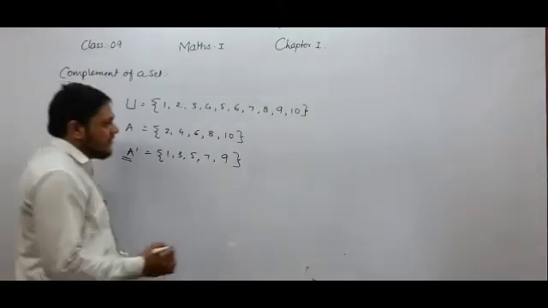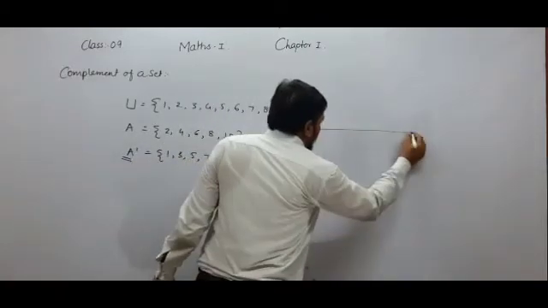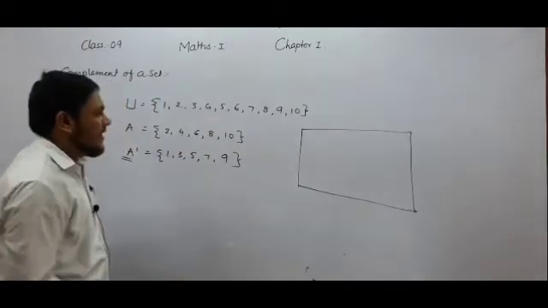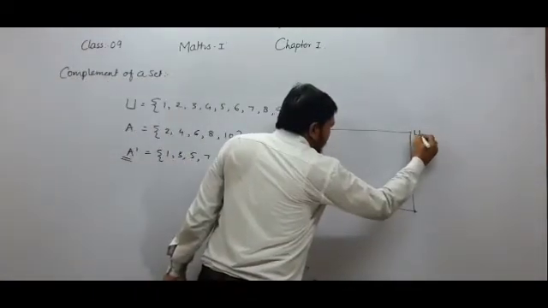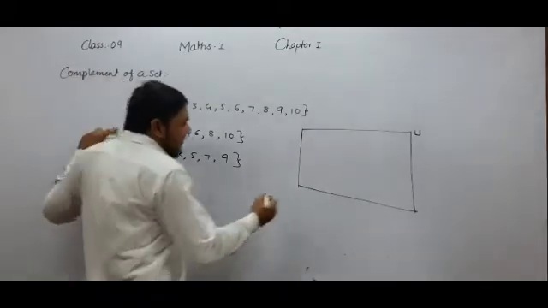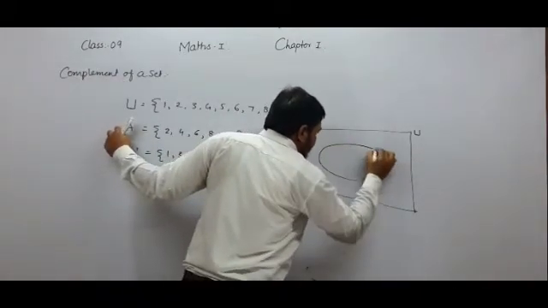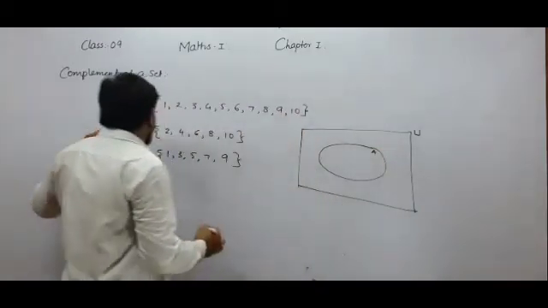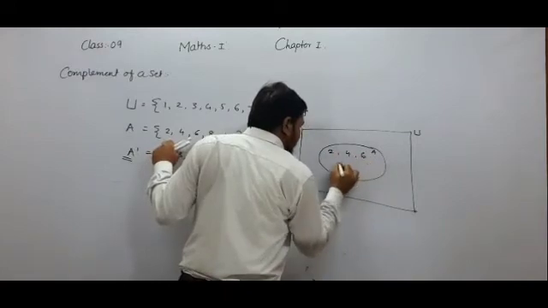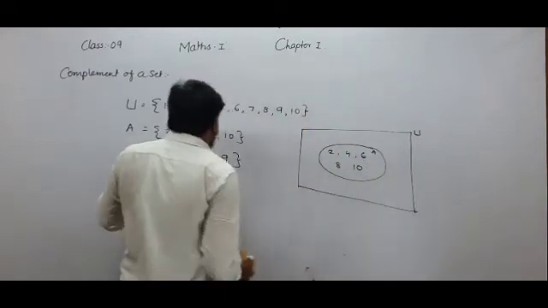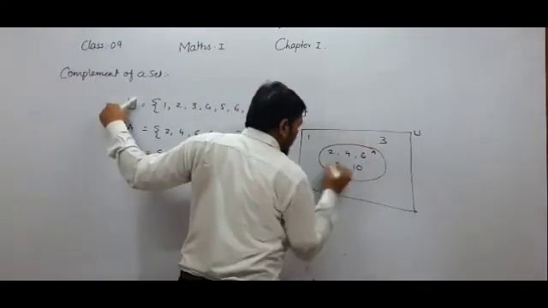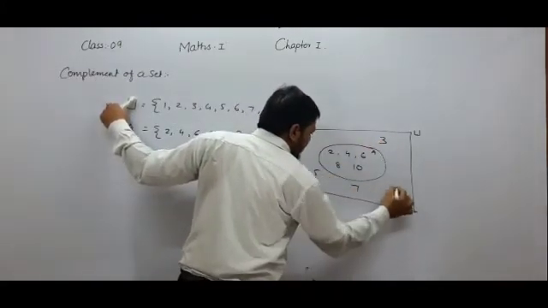So if we draw the Venn diagram for this, the Venn diagram of a universal set can be shown by a rectangle. So this is a rectangle and the universal set is denoted by U. And after that, A is a subset of U, that is why we will draw one set which is the subset of U, that is A. Now A contains the elements 2, 4, 6, 8, 10 and the remaining elements are 1, 3, 5, 7, 9.